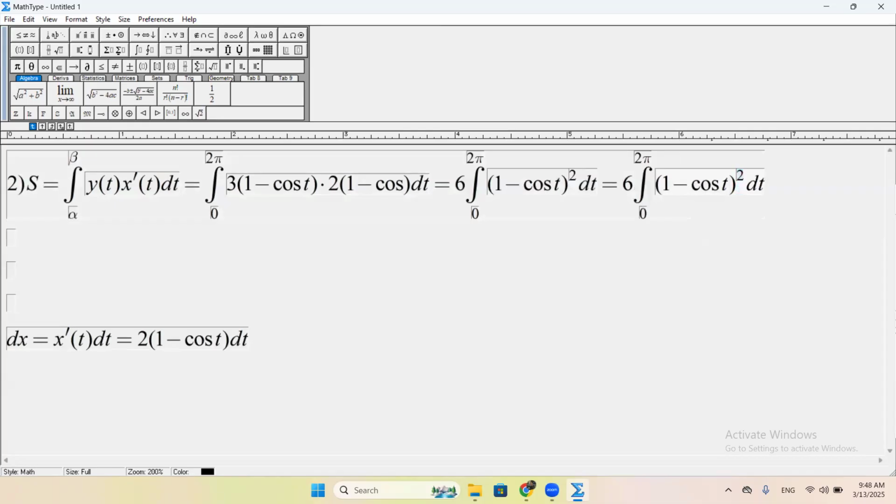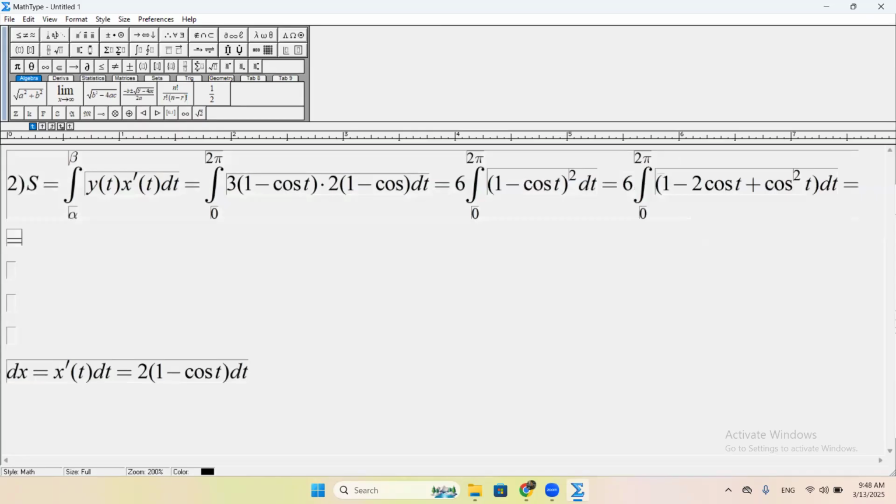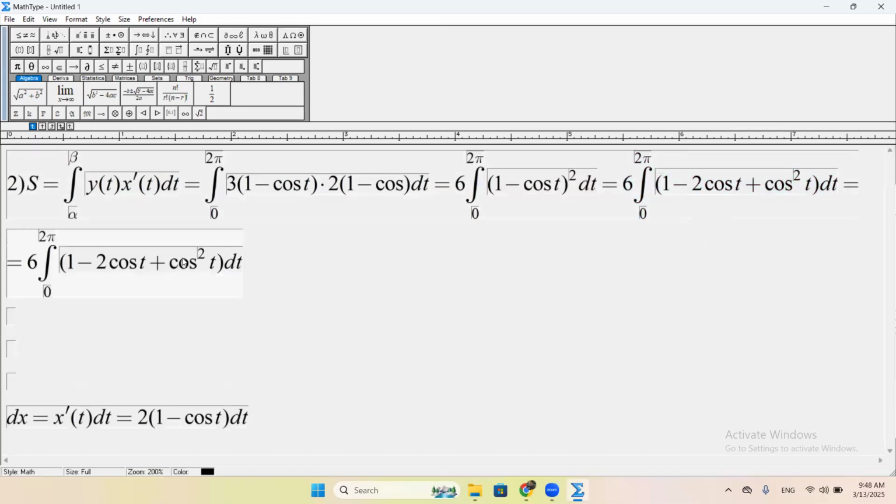So 1 minus 2 cosine of t plus cosine square of t. And now let's reduce the power here. So plus 1 over 2 plus 1 over 2 cosine of 2t.